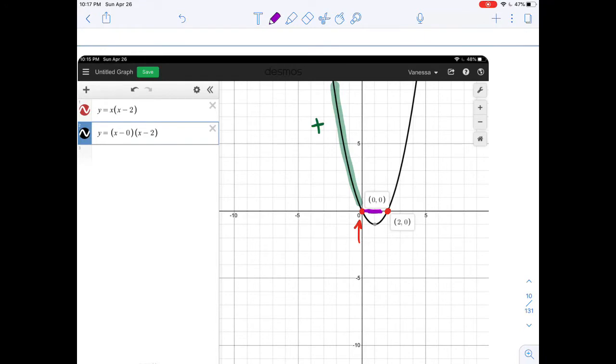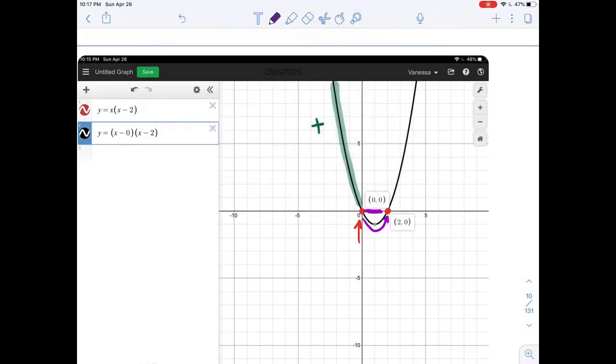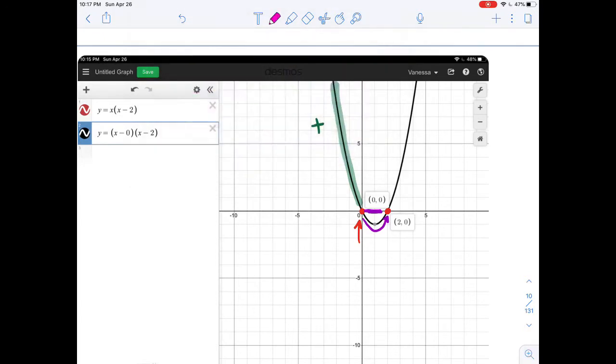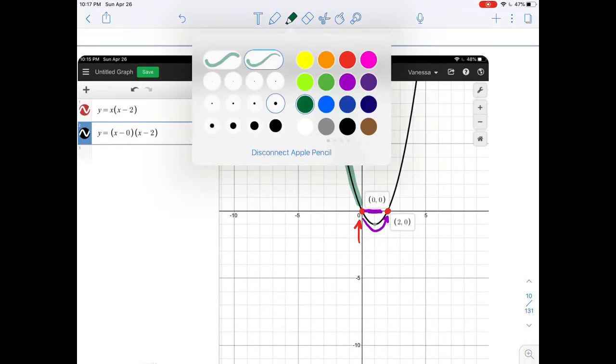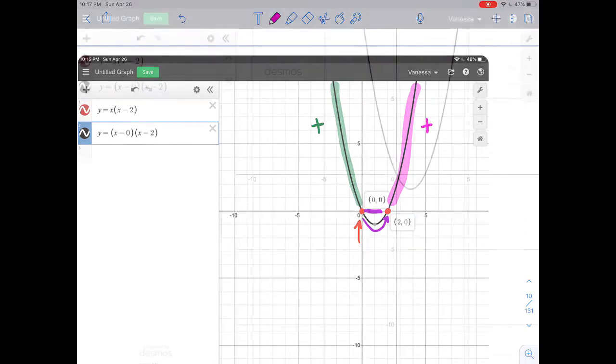We know that it dips down between and then goes back up to the x-axis. And now we're going to look at the last x-intercept. And we can see that for this portion, this is where our x-intercept is at, and it is also in the positive direction.